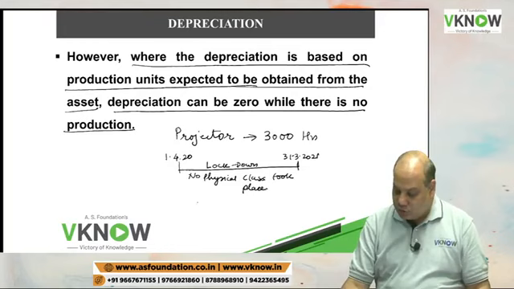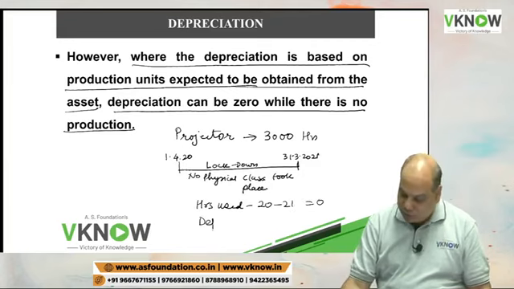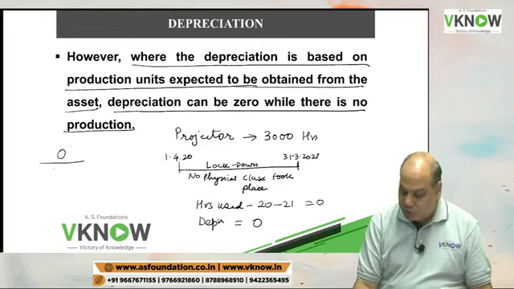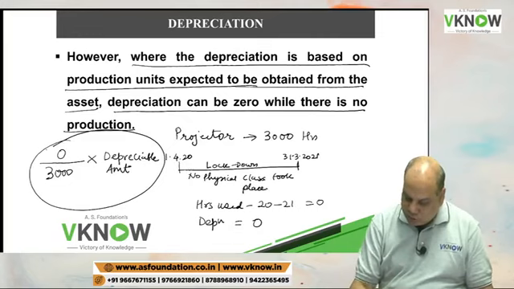So hours used in financial year 2021 is zero. What will be depreciation? Depreciation will be zero, because if I apply the formula 0 divided by 3000 into depreciable amount, the answer comes to 0 only.